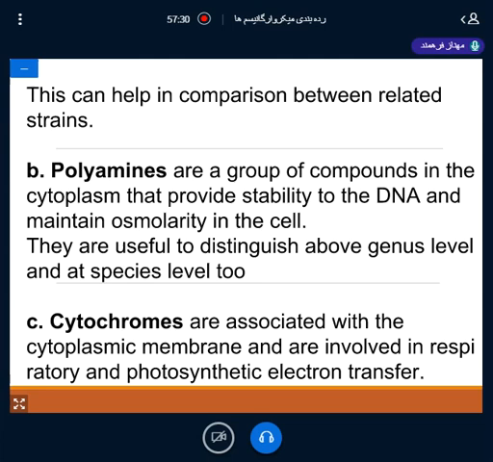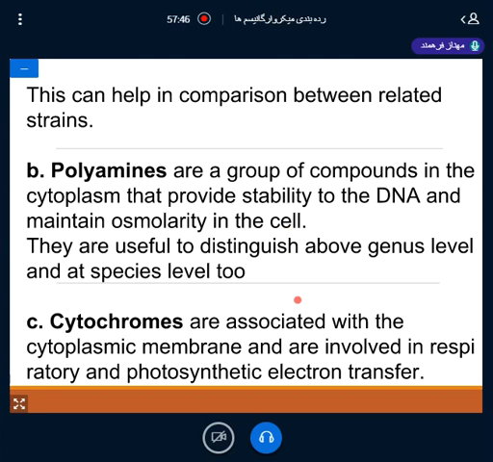They are useful to distinguish above genus level and at species level. So you know, polyamines are kinds of molecules that can provide stability to the DNA.